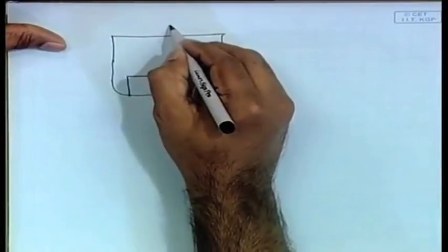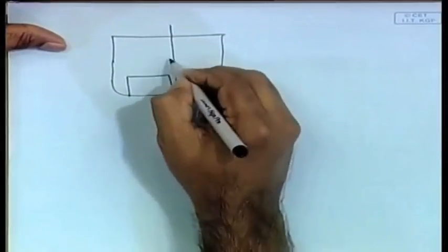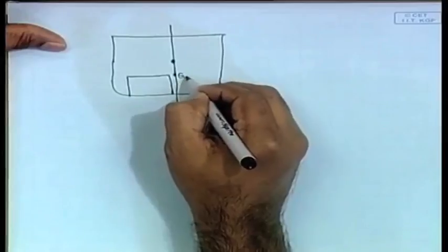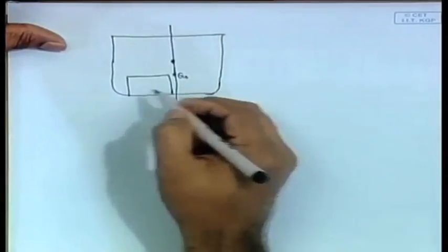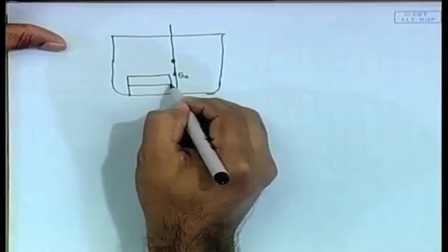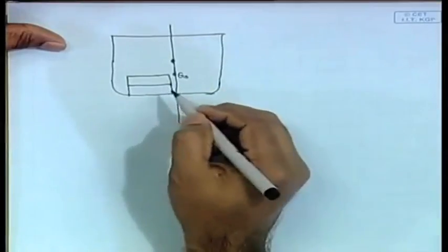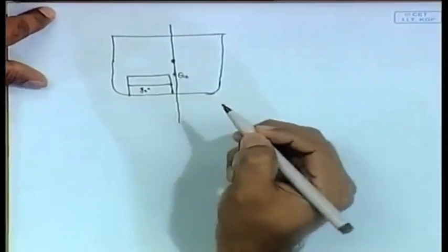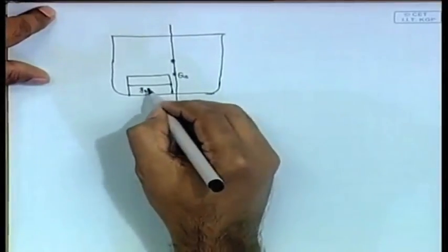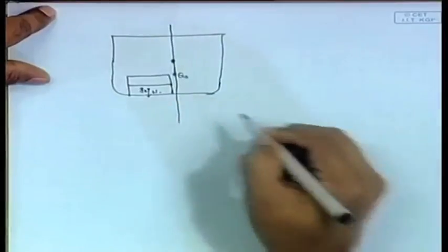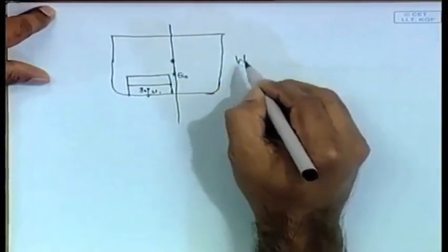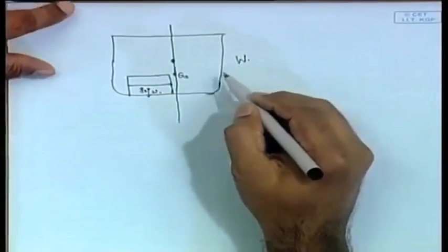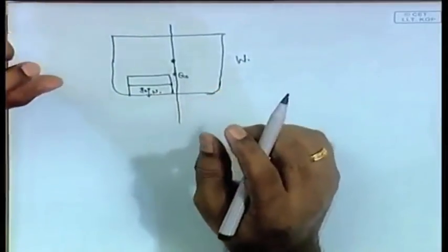It does not matter where it is, but let us put it here, and this is the center of the ship, and you have here G0, the initial center of gravity, and this tank is now filled up to this height with some liquid, and let us say that the center of gravity of this liquid is at small g0, and it has a weight equal to small w, and the capital W represents the whole displacement of the ship, which is the tank plus everything in the ship. Small w represents the weight of the water alone.